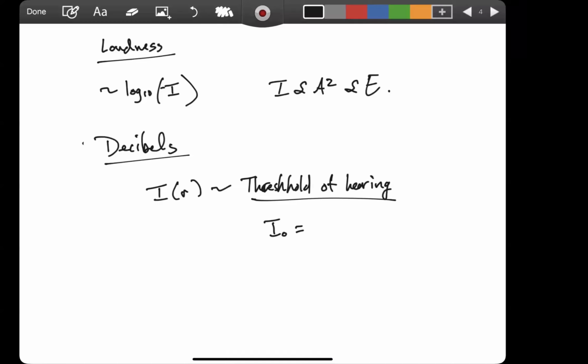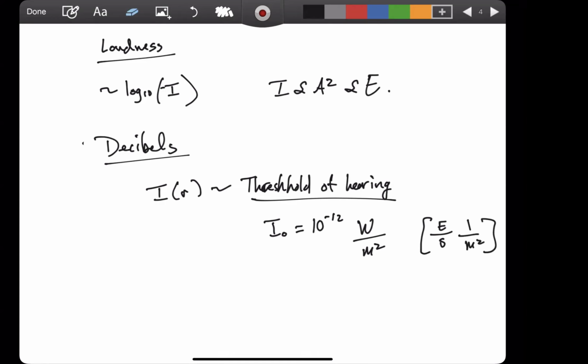The threshold of hearing, I0, is given as 10 to the minus 12 watts per meter squared, because this is an intensity. If we look at our units, this has units of energy per time, because that's a watt, divided by a meter squared.